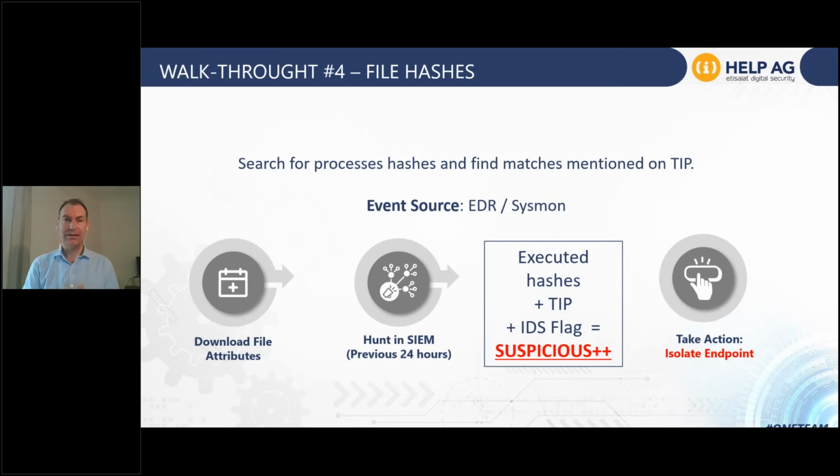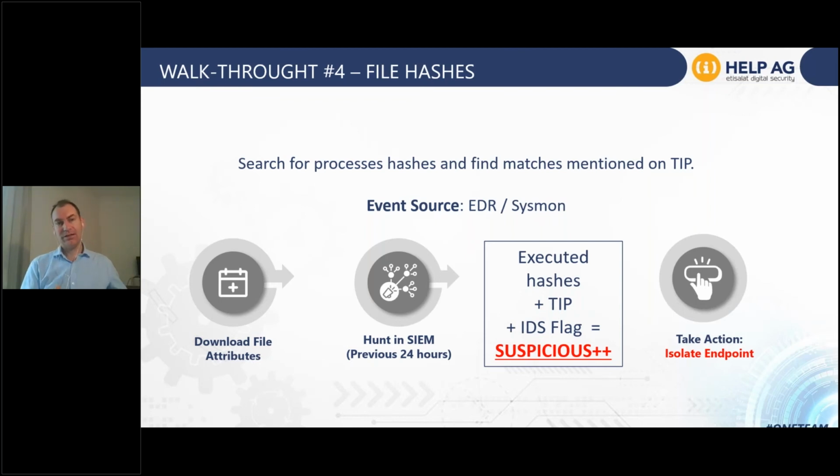The last walkthrough that I have for you is related to information from an EDR, endpoint detection and response, or a Sysmon type system. These systems live on endpoints, and they provide a surveillance camera across your endpoints, recording and watching all the activity going on.